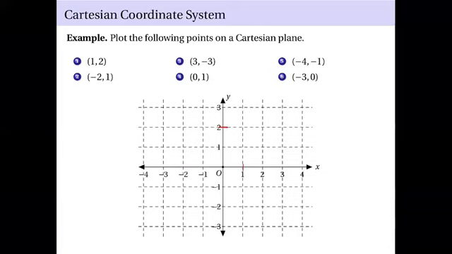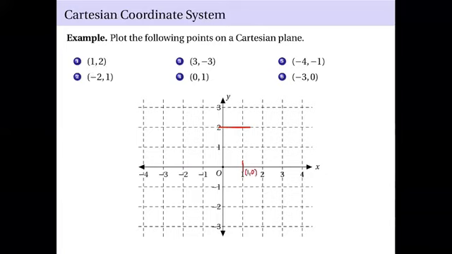Using the construction earlier, we draw a vertical line passing through the point 1, 0.